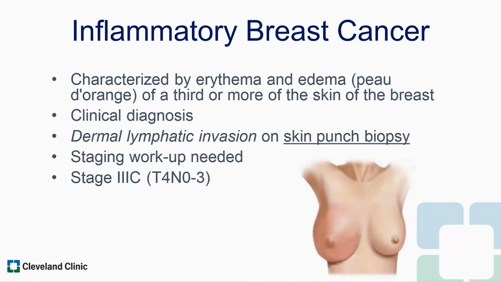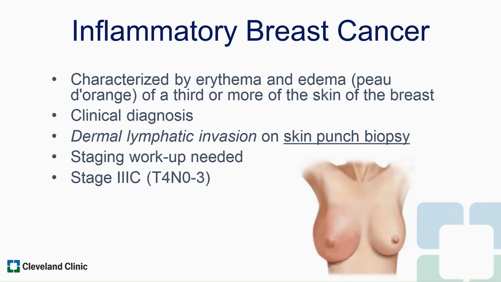So let's go over inflammatory breast cancer. It's again presenting as erythema of the skin, the peau d'orange, and clinically it's redness of the breast that's over about a third or more. It can be a clinical diagnosis, but if you do a skin punch biopsy, the pathology keywords are dermal lymphatic invasion.